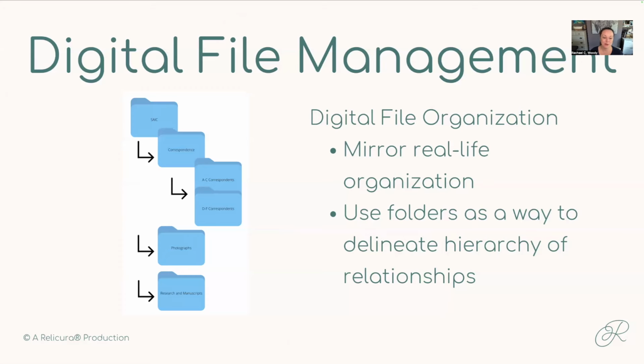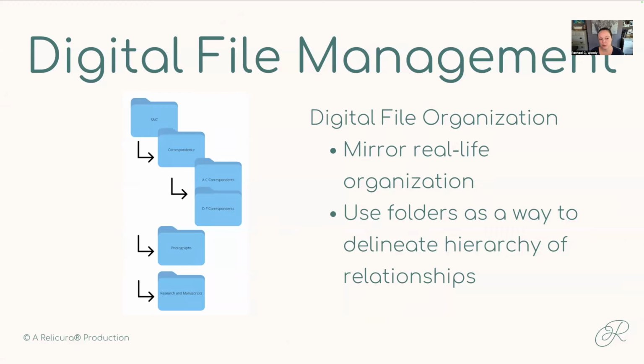And we can use the folder hierarchy to help delineate relationships. For example, on the left-hand side here, if it's an archives collection, we have the organization name acronym at the top. We have a breakdown of that first level, which is going to be correspondence, photographs, and then research and manuscripts.